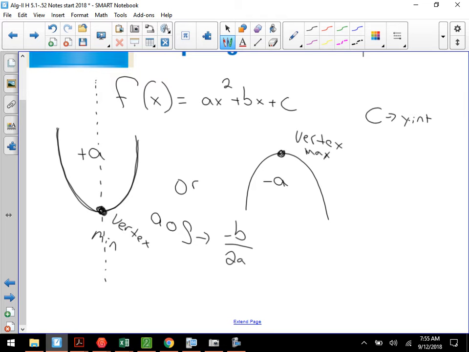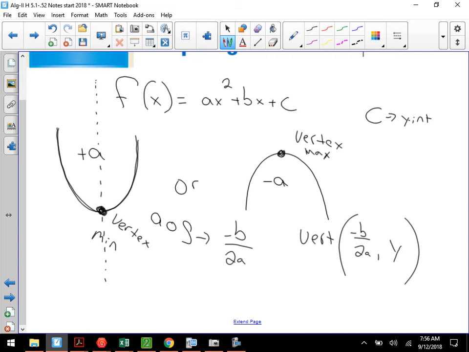That also means that the axis of symmetry is always the x coordinate of your vertex. So your vertex will always be the opposite of b over 2a, comma, y. And to figure out what that y value is, once you know x, you just substitute it.